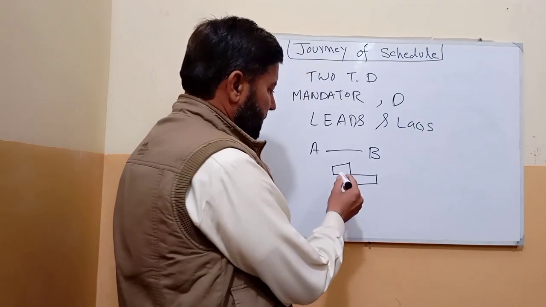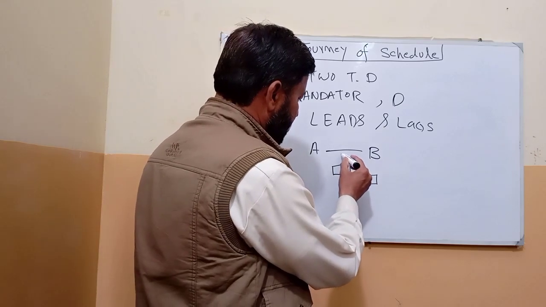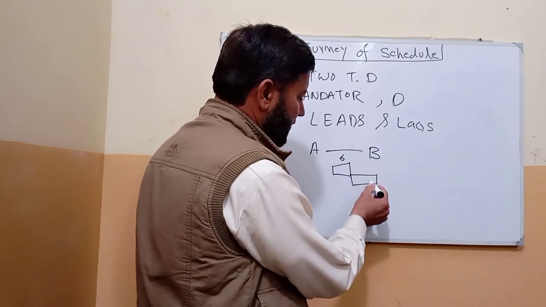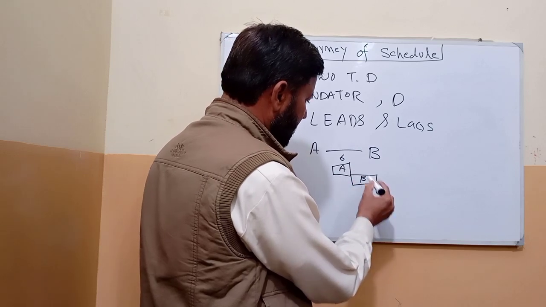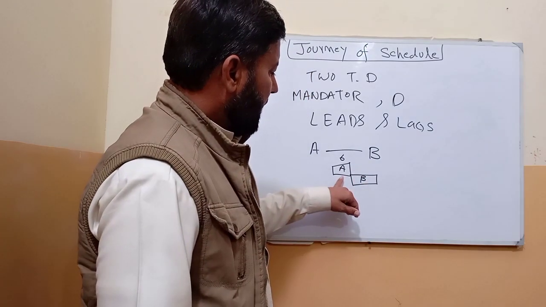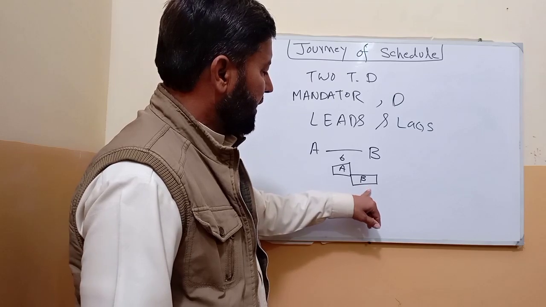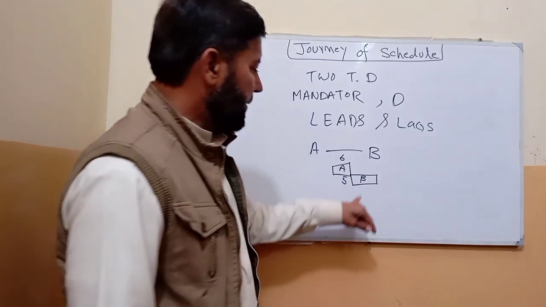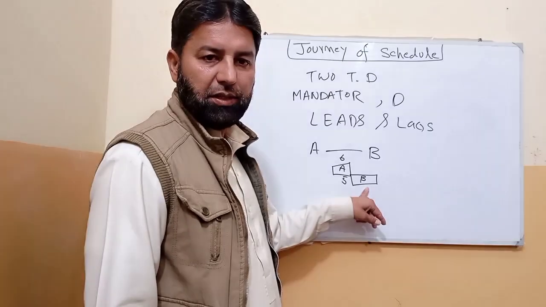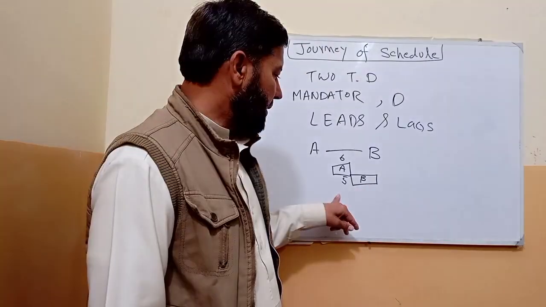The activity plan was that activity A will take 6 days and after that activity B will start. But in a lead, activity A has not finished, and activity B started on the 5th day. It means activity B has led.